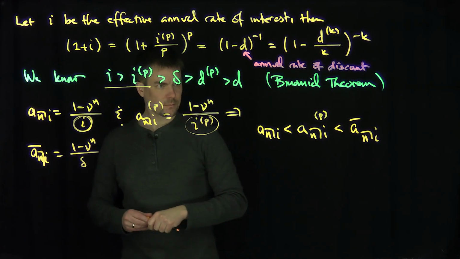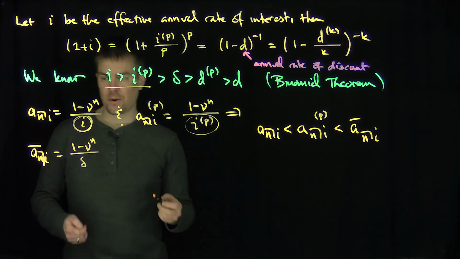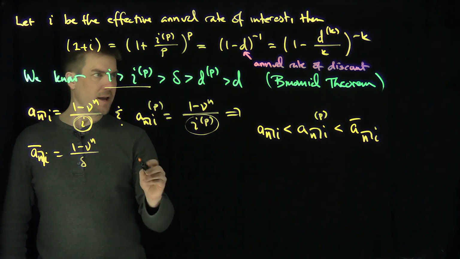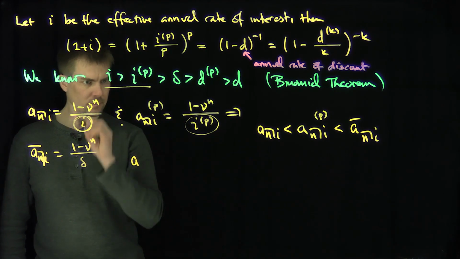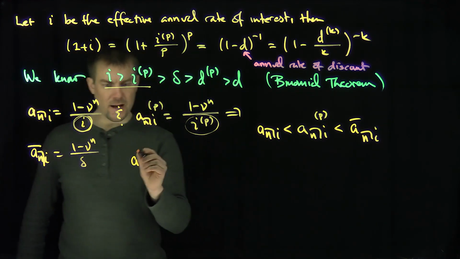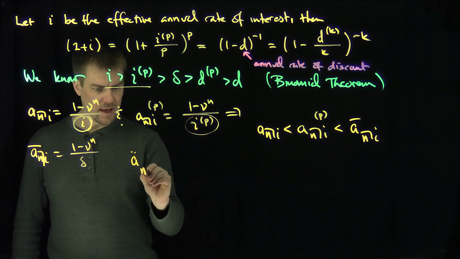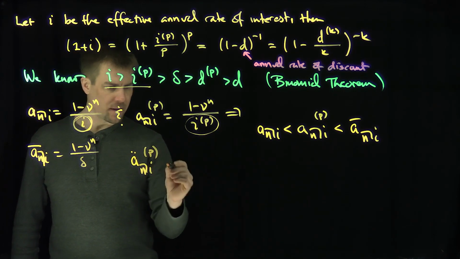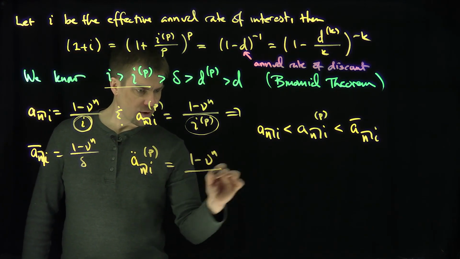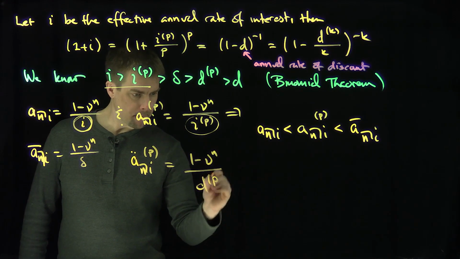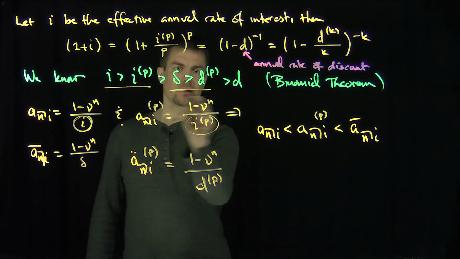Beautiful. And now, how do these relate to discount? Well, I know that a double-dot angle n at i^(p) is (1 minus v^n) over d^(p). And the d^(p) are less than delta.